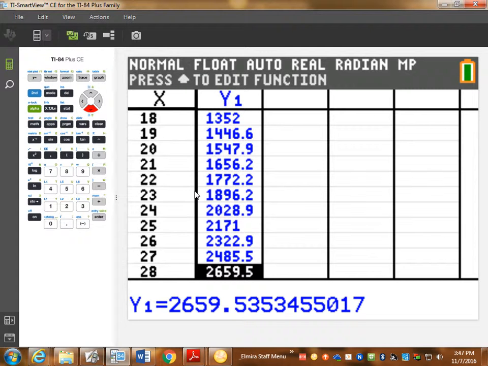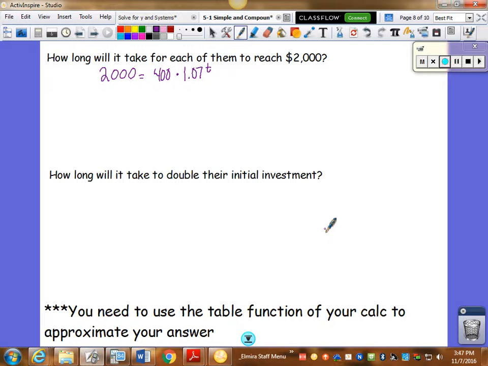At 23 years it was $1,896 and 20-some cents. And at 24 years, we're over the 2,000. So we can't see the exact time that it hits $2,000 without knowing how to do logarithms. But we can say that it will be between 23 and 24 years.